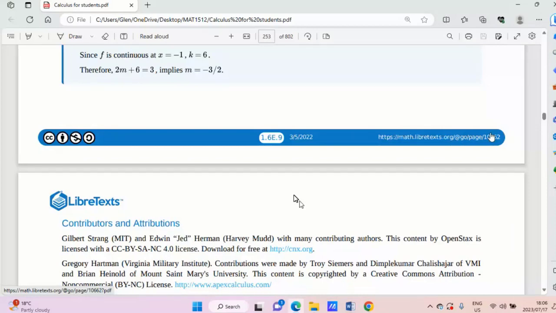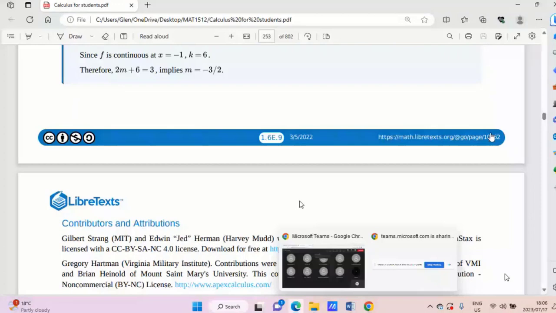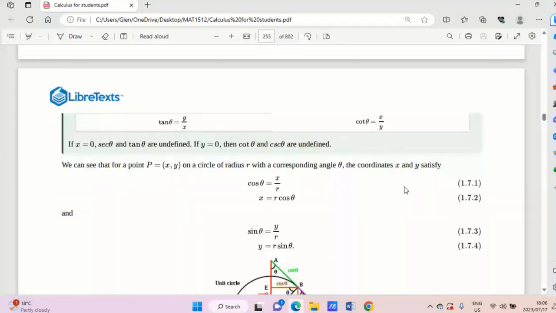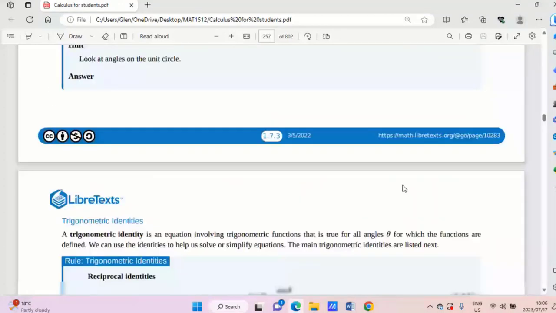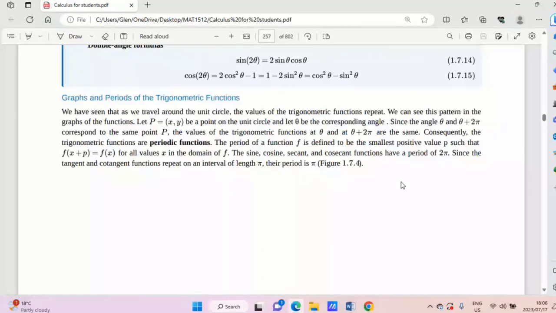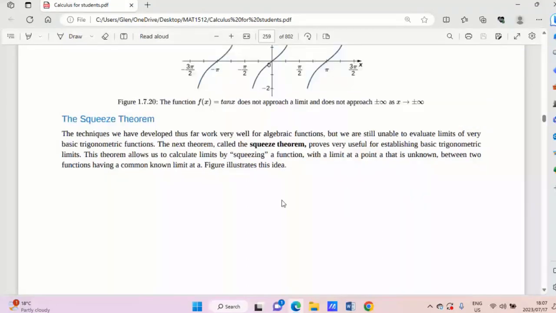We are now moving on to the other part of the syllabus, which is going to talk about the derivative. Remember, we agreed that after that section, the next section talks about the derivative.